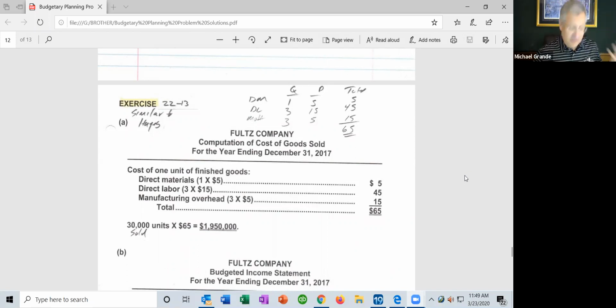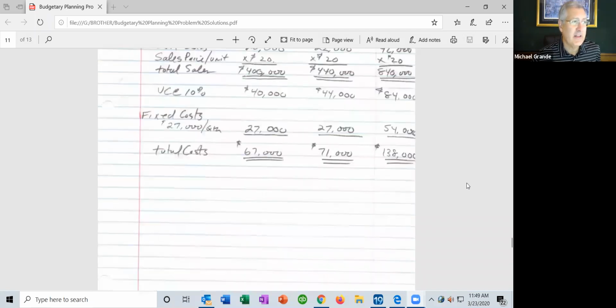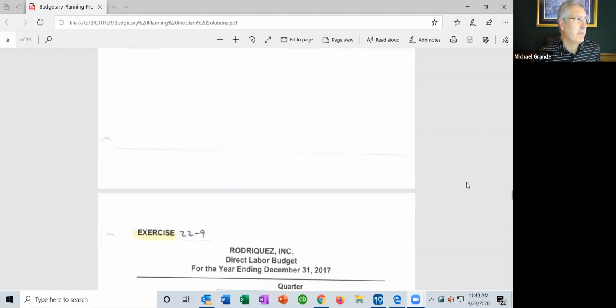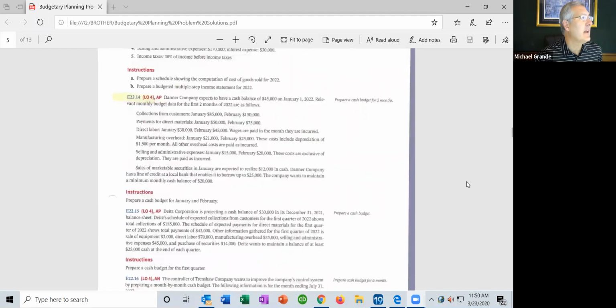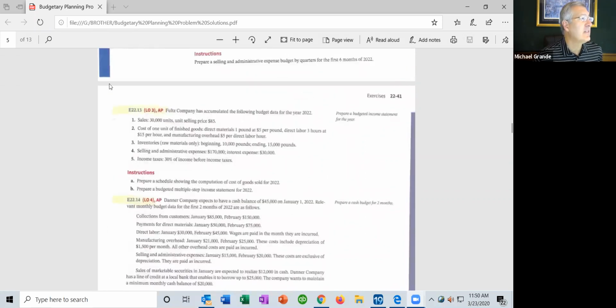So what is the total product cost? What is total cost of goods sold? 30,000 units times $65 per unit. Where did they get the 30,000 units from? Let's go back to the problem. It says at the very beginning of the problem, item 1, sales, 30,000 units, selling price $85.